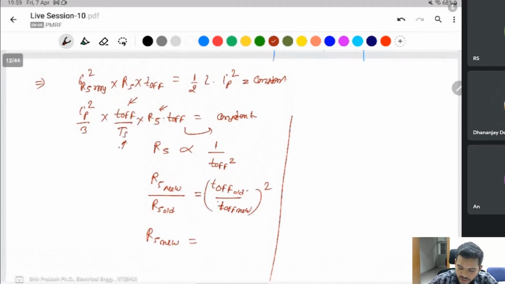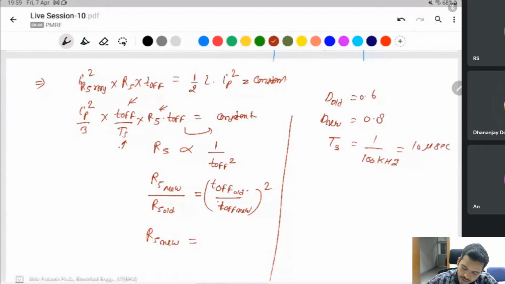It is given as duty ratio D old is 0.6, new value is 0.8, and the time period is given as 1 by 100 kilohertz, 10 microseconds. Then what is the off period? T off old is 4 microseconds and T off new is 2 microseconds.